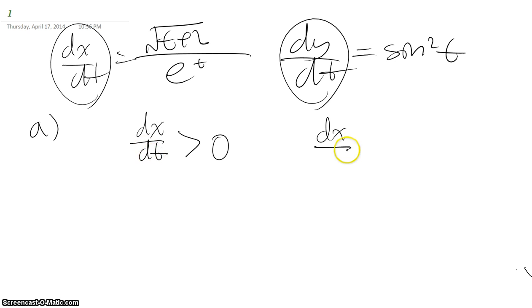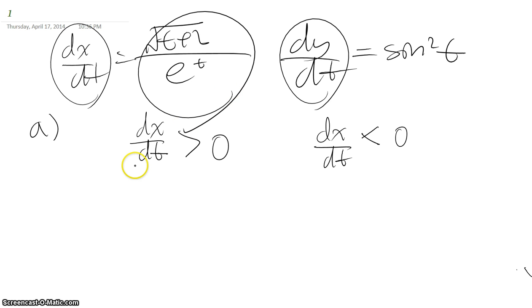If it's moving to the left, dx/dt is smaller than 0. If it's 0, there's no movement along the x-axis, so that's a vertical line movement.